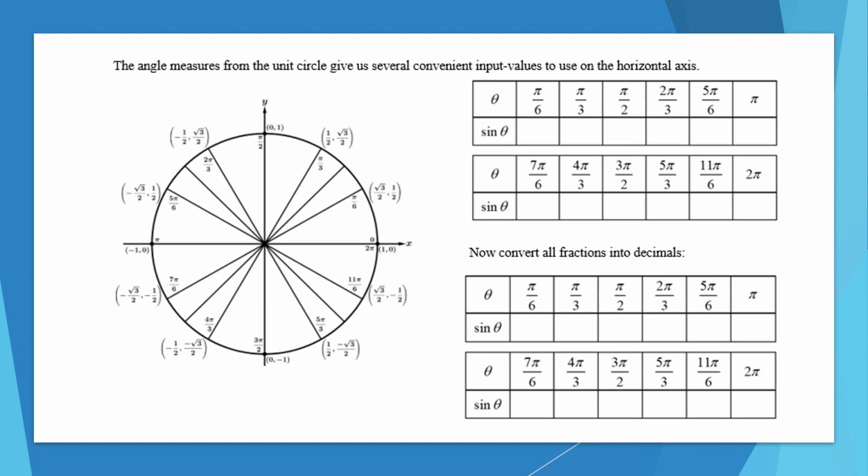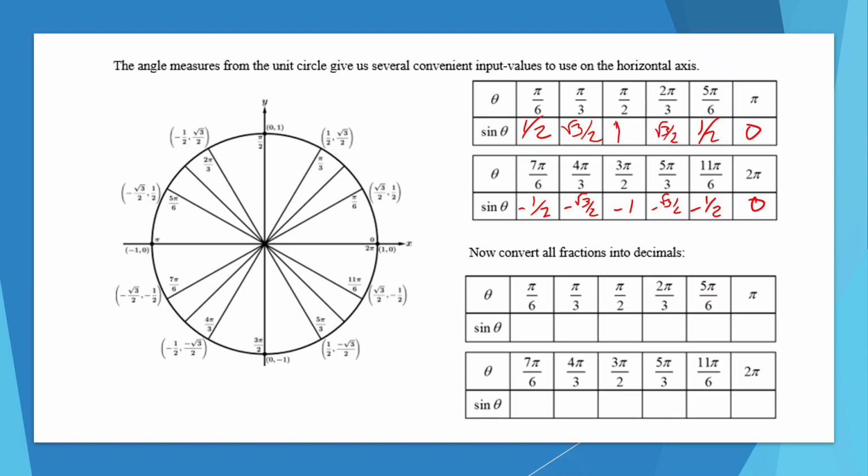And so filling this out, you should get 1 half, root 3 over 2, 1, root 3 over 2, 1 half, 0. So I'm just going to speed through this. Negative 1 half, negative root 3 over 2, negative 1, and then 0.